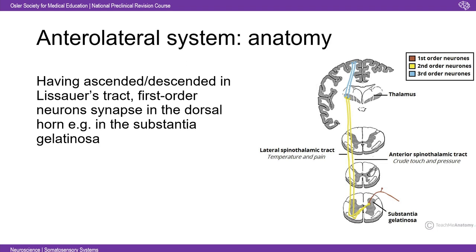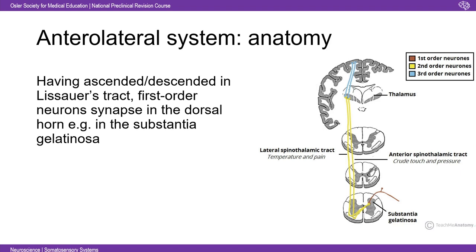So on this picture, you can't see Lissauer's tract, because just imagine that it's already done that. So at the bottom, this red neuron would not necessarily go straight into this grey matter. It might go up or down a few levels. But imagine it's done that. So it's done its business in Lissauer's tract. In contrast to the dorsal column system, it immediately synapses.